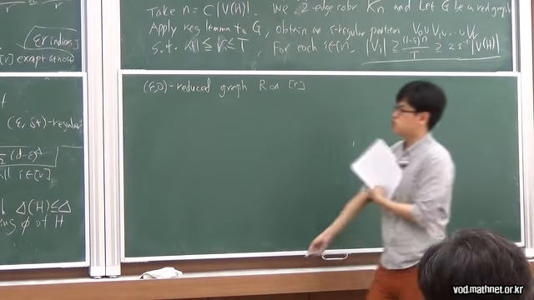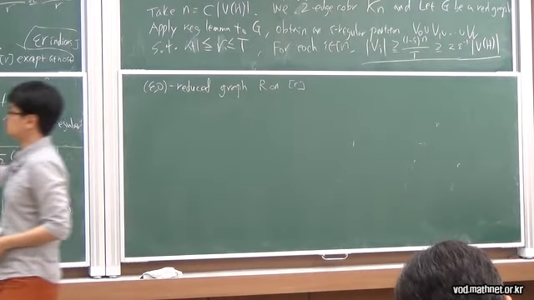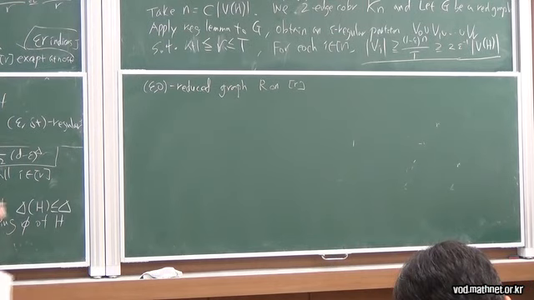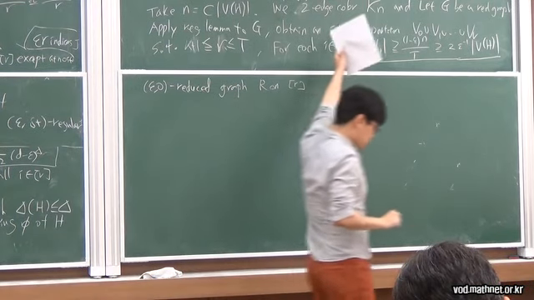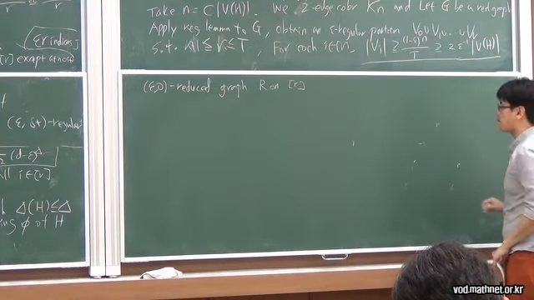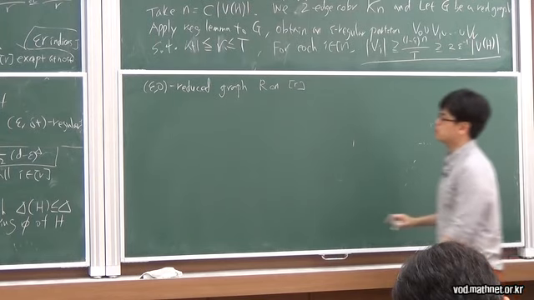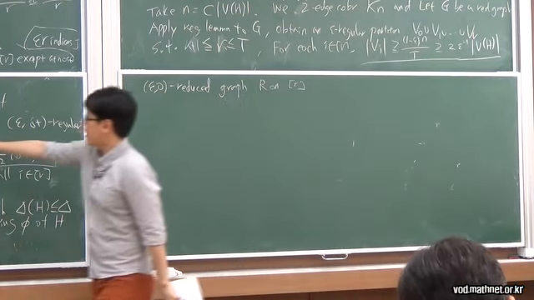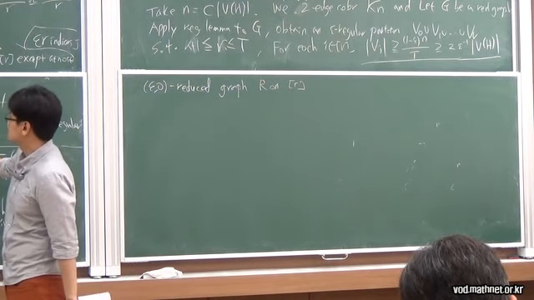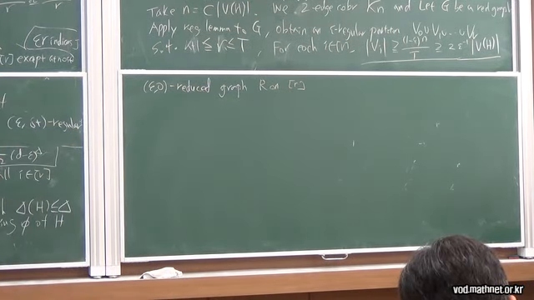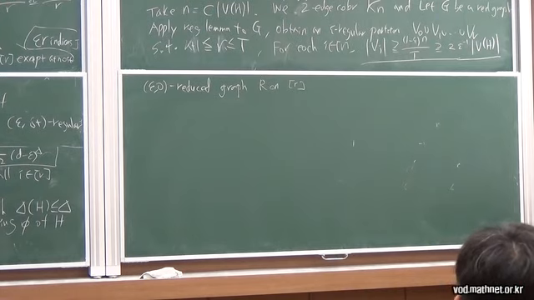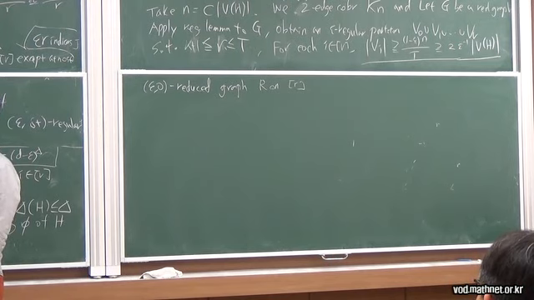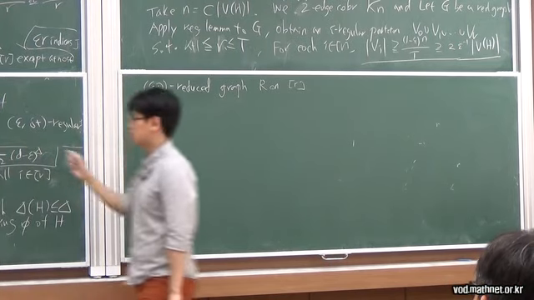We get this reduced graph, which is almost complete. Because of this zero condition, every pair ij is in R as long as it is epsilon regular.